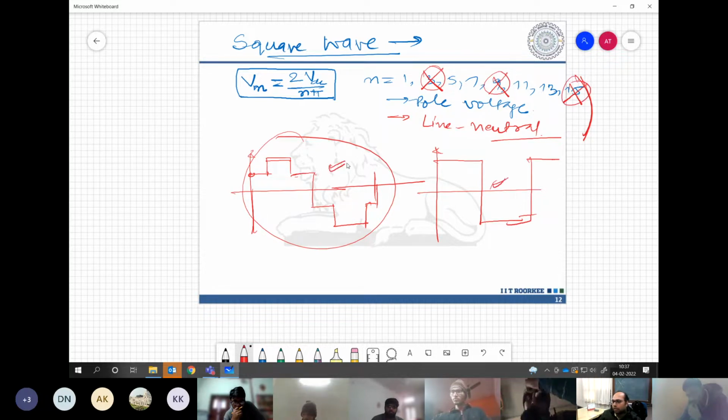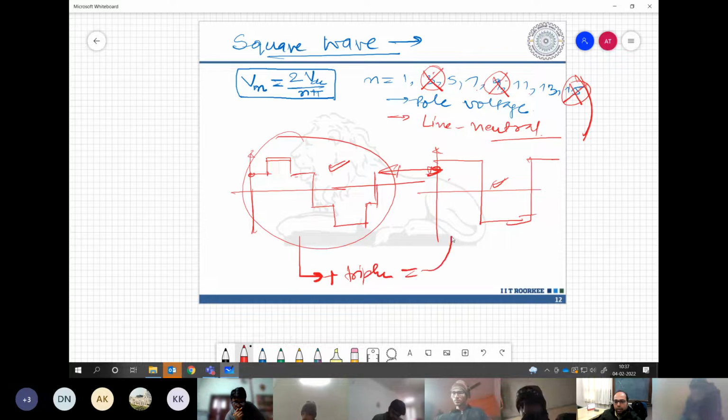These two waveforms are different only in terms of triplen harmonics. Everything else is exactly the same: the same fundamental value, the same fifth harmonic, seventh harmonic, 11th, 13th, and so on. You understand the point? So basically this plus the triplens is equal to this. There is no other difference.